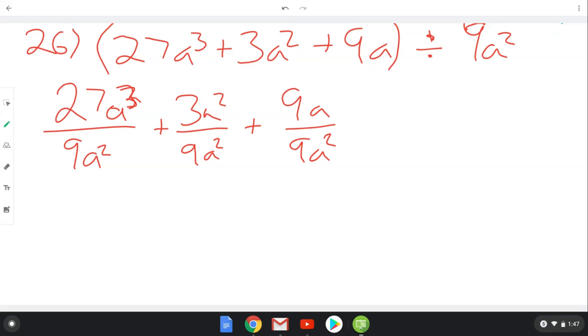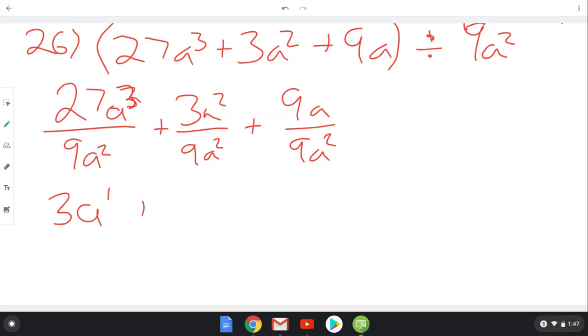So looking at the first one, we have 27 divided by 9. 27 divided by 9 is 3. And then we have a cubed divided by a squared. So we're just going to subtract the exponents. So we have 3 minus 2. So that's just a to the first power.